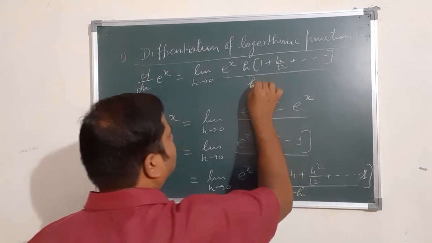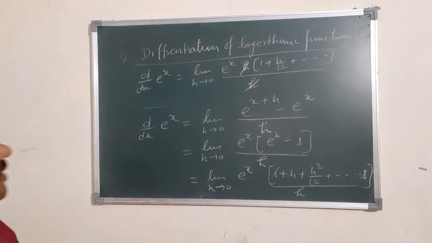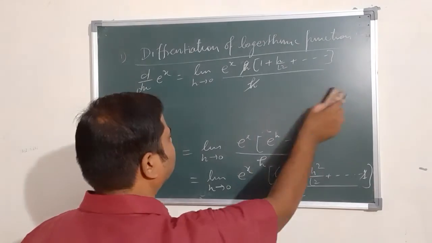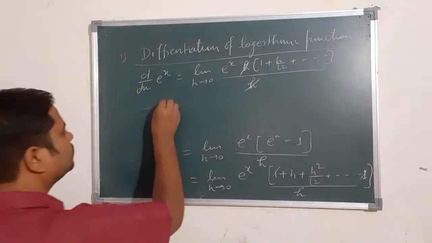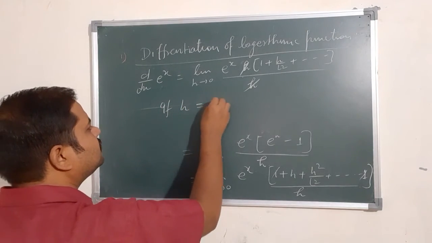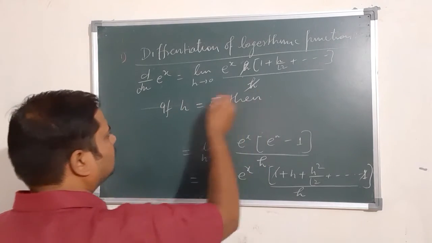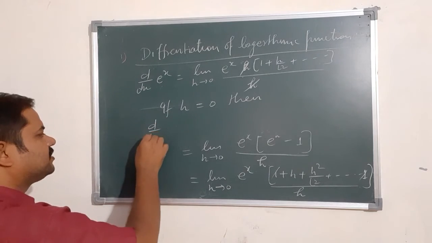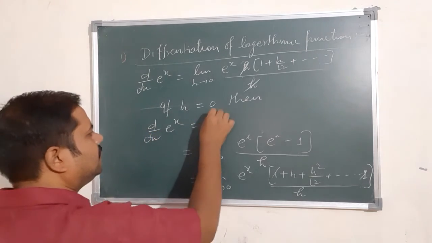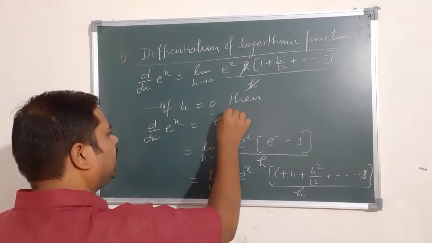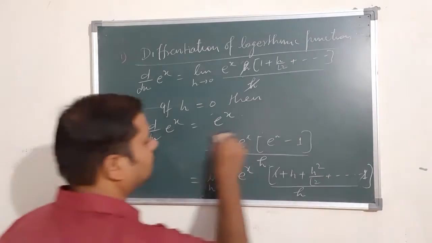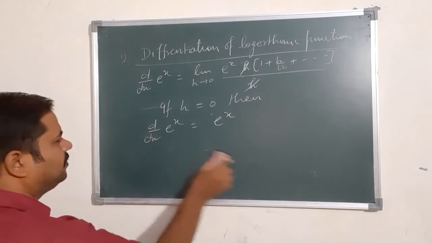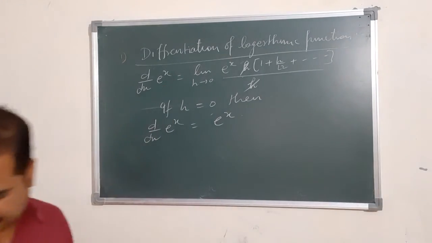If we put h equal to 0, then d by dx of e to the power x is nothing but e to the power x simply. So this is the differentiation of the exponential function e to the power x.